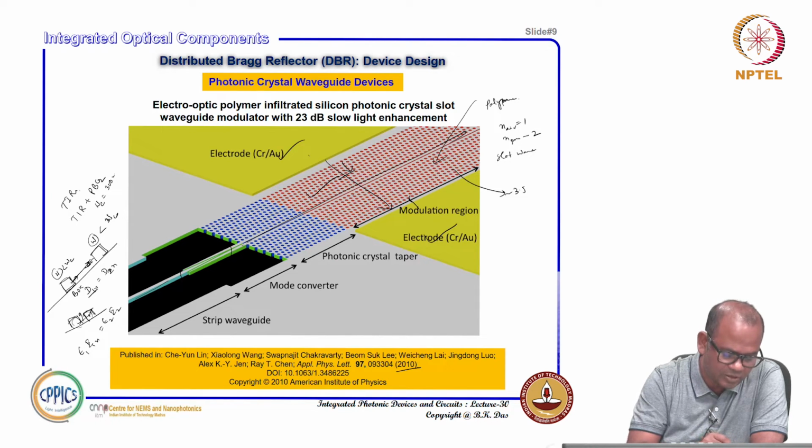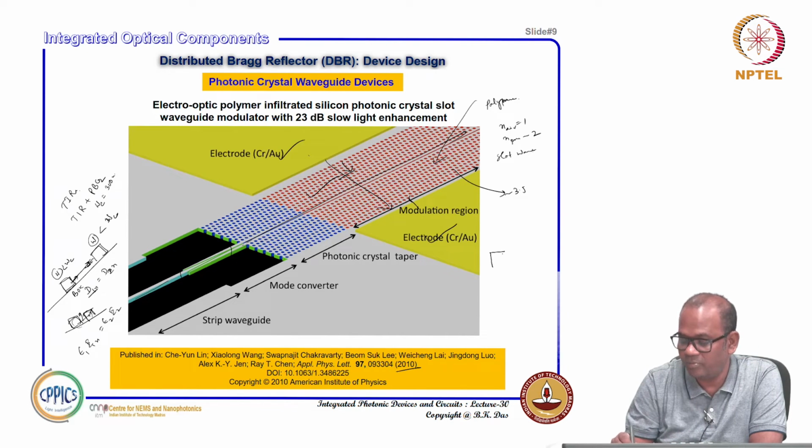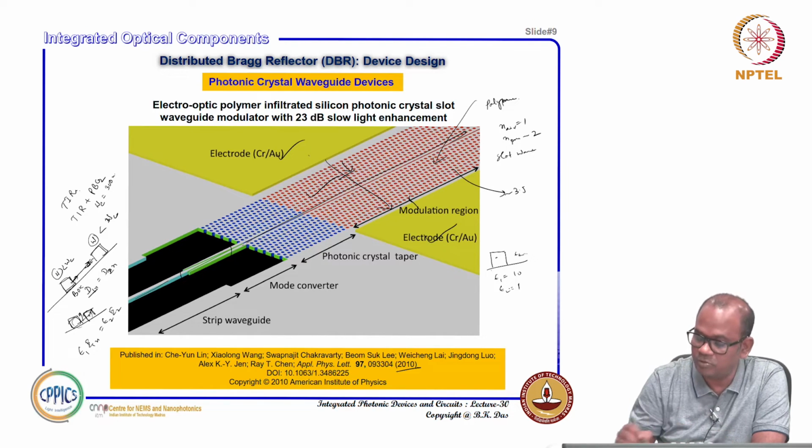Suppose you have a structure with a field at the boundary you are considering: this is silicon, epsilon 1 around 10 for example, and this is air, epsilon 2 equal to 1.